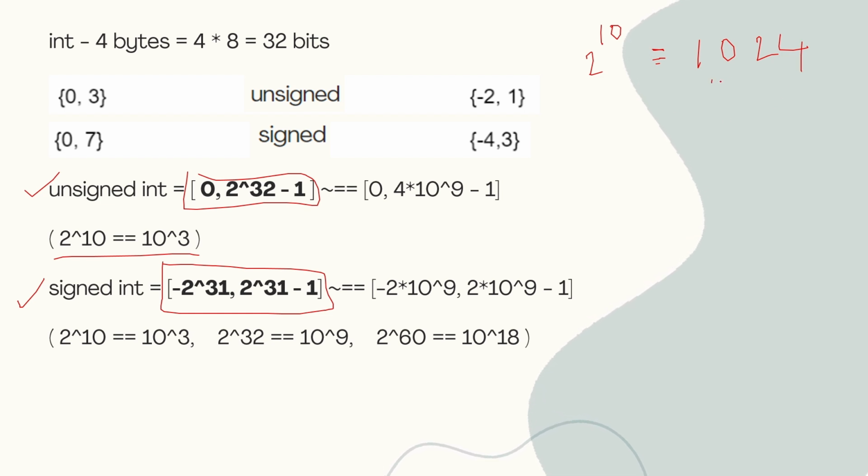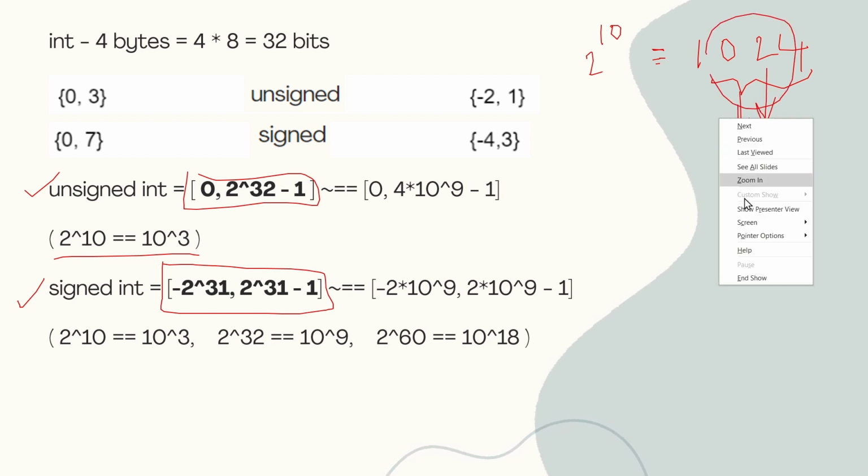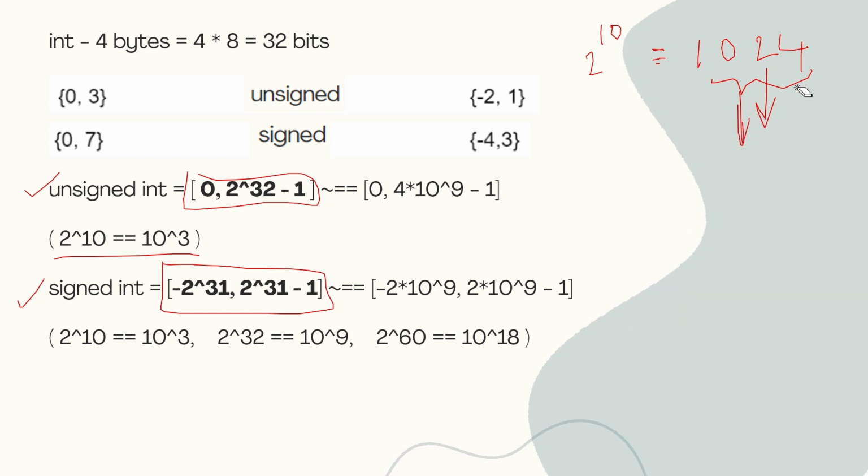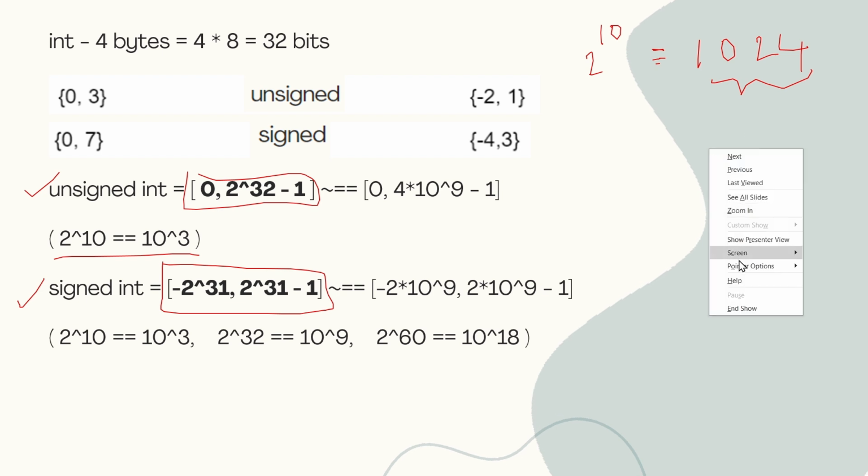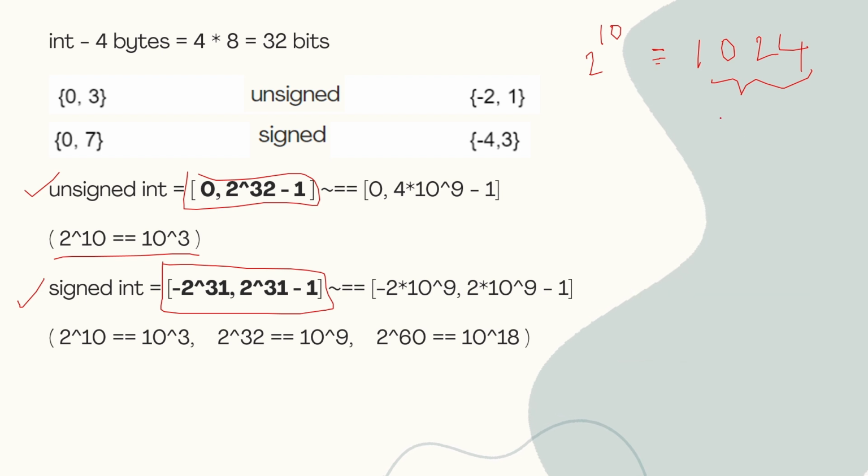This is close to 1000. Of course, there is 24 more than 1000, but you can write this 1024 as 10 power 3. It's not exact, but we will try to approximate it.